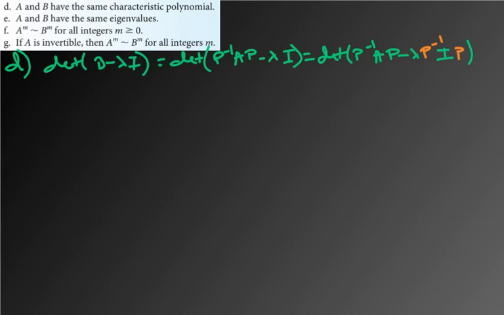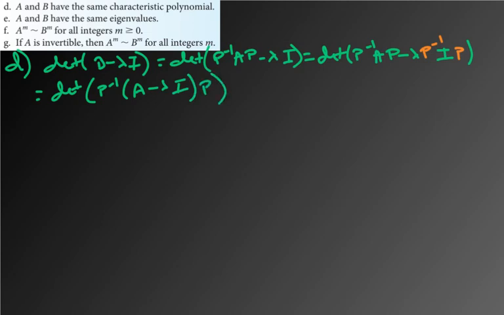But that's nice because it gives me a P inverse that I can factor out. And so if I do that, I'm going to get the determinant of, because I can move the lambda in here. That's okay because it's just a constant. So then I have P inverse pulled out times A minus lambda I, and then times P, right?